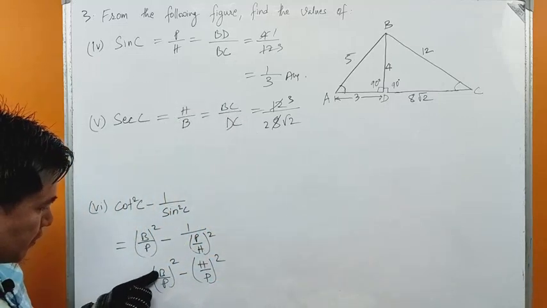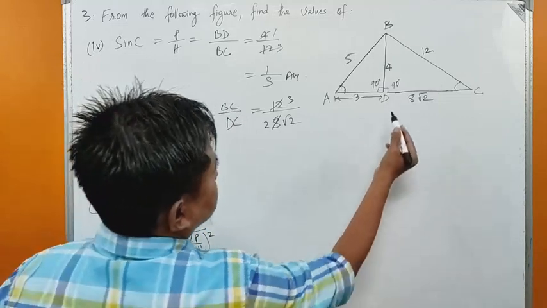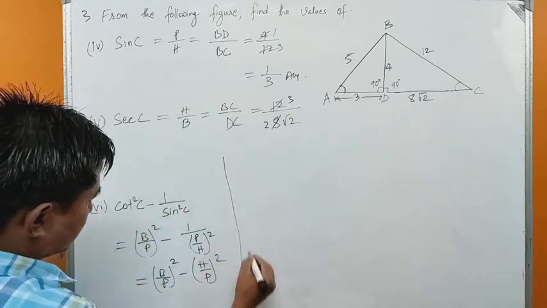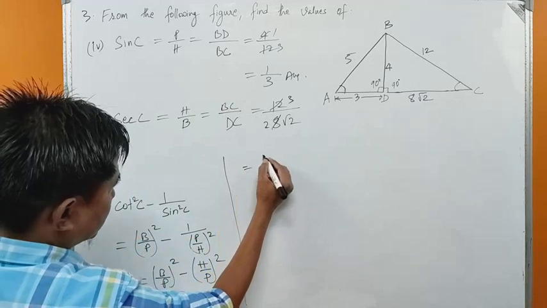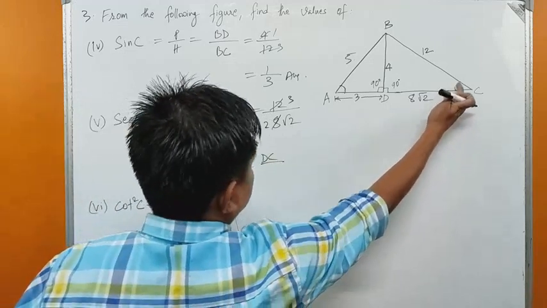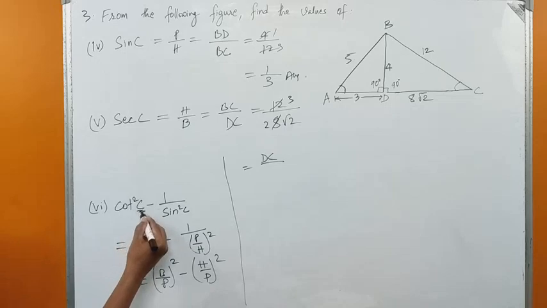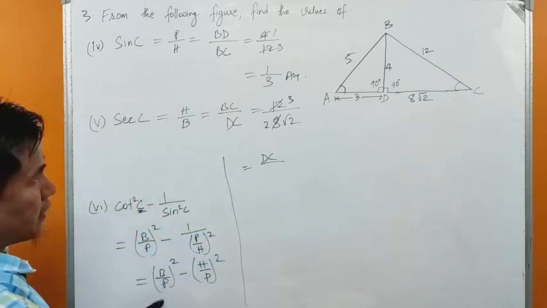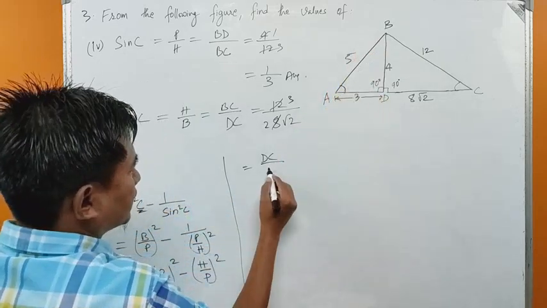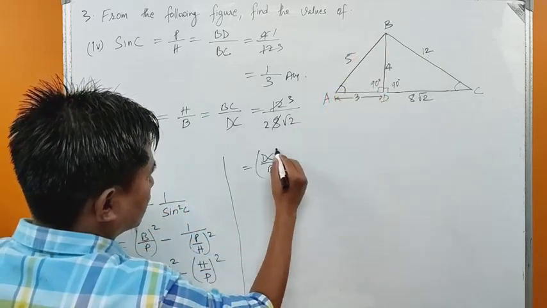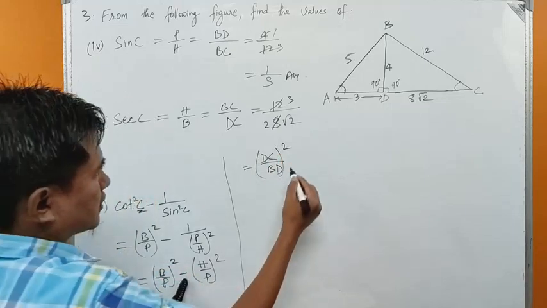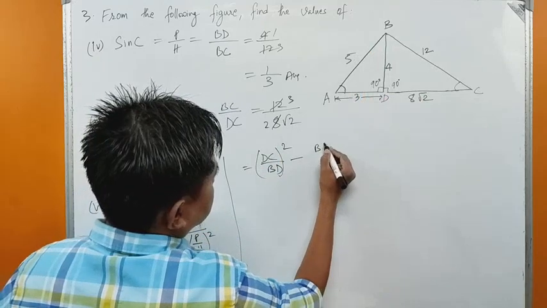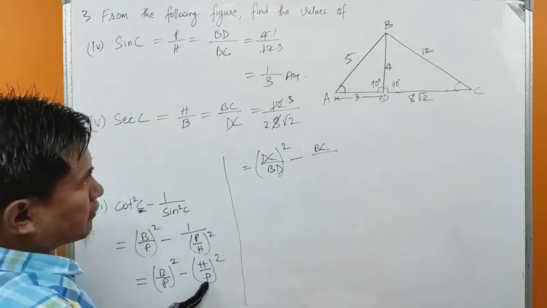So let's put the value of b, base is DC, isn't it? DC is the base. When we talk about angle C, cot C, angle is C here, base is DC upon perpendicular. What is perpendicular? Perpendicular is BD, whole squared, minus, what is hypotenuse? Hypotenuse is BC upon, what is perpendicular?